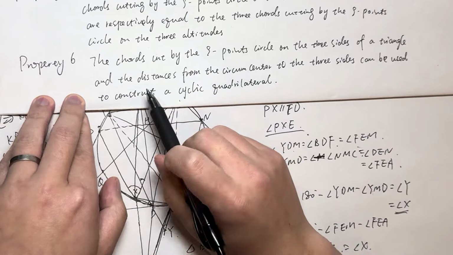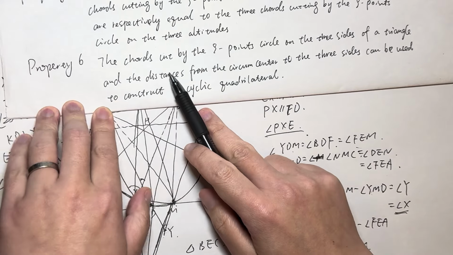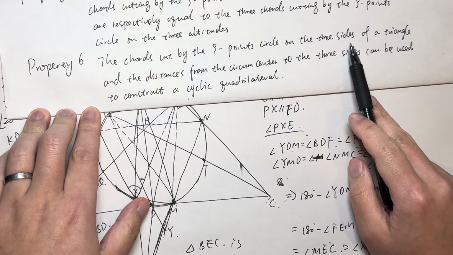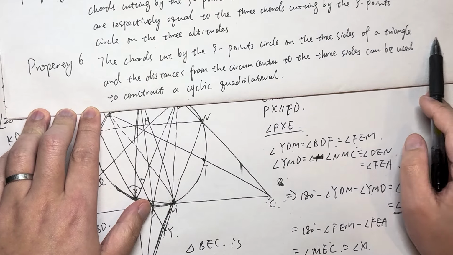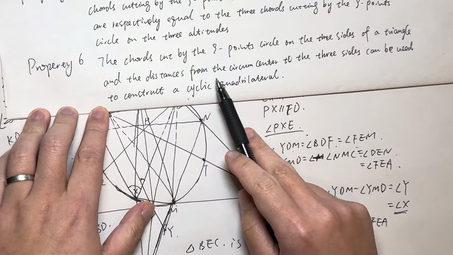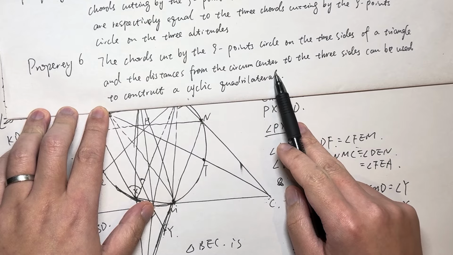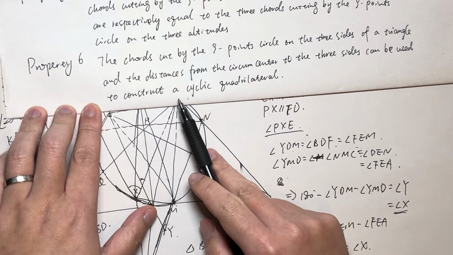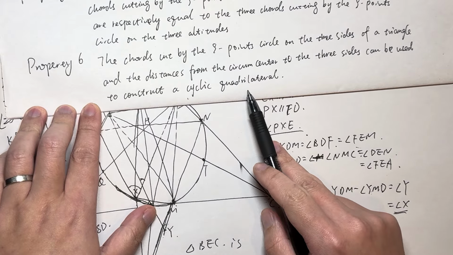Now let's see property 6. The chords cut by the nine-point circle on the three sides of a triangle, and the distance from the circumcenter to the three sides, can be used to construct a cyclic quadrilateral.